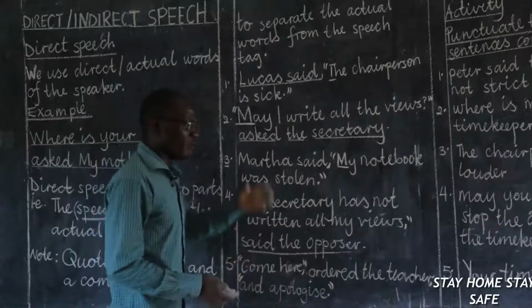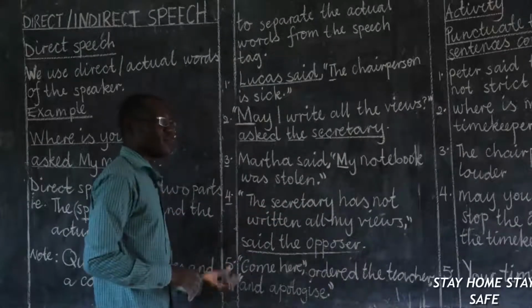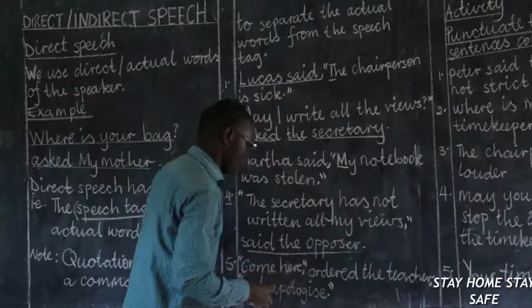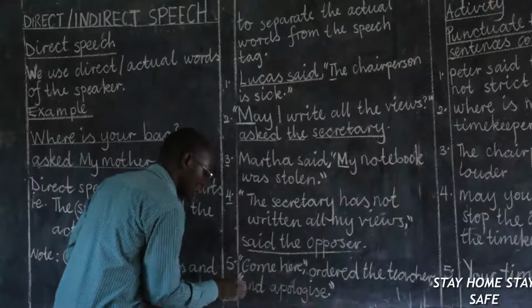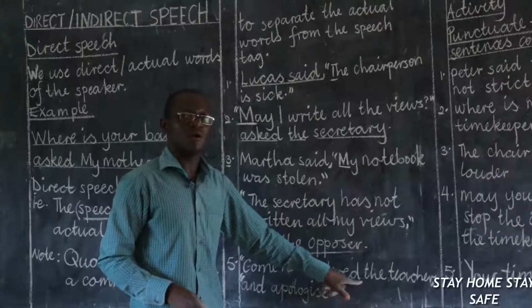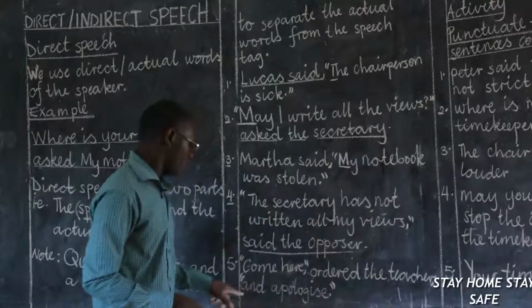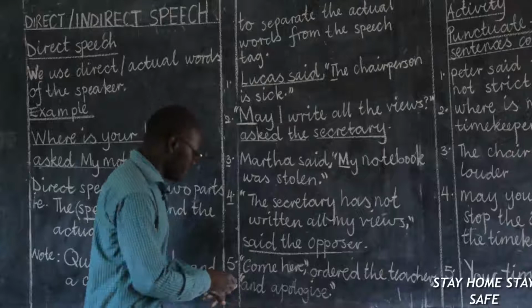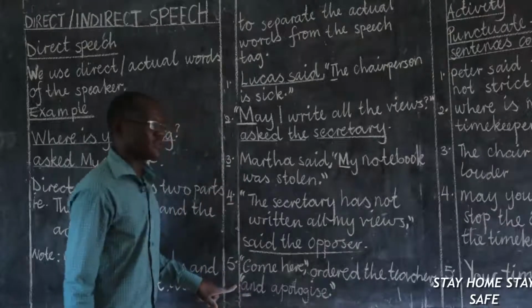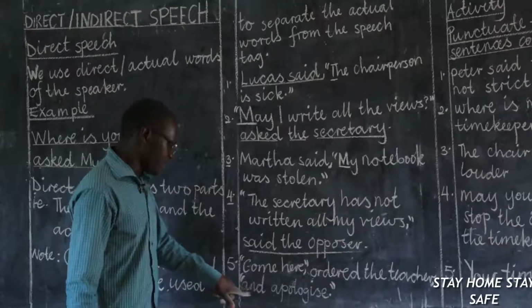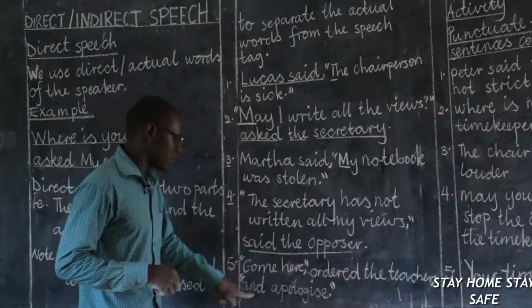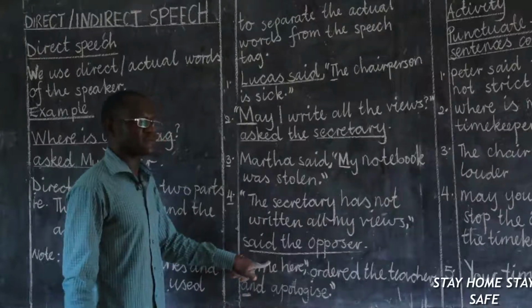Then bring out the part which was remaining from the previous one, which is "and apologize," whereby they should also be quoted. They shouldn't be mixed with your words. Therefore, open again. But this time, we are not going to capitalize this letter, since this one is a continuation of what you were going to speak.